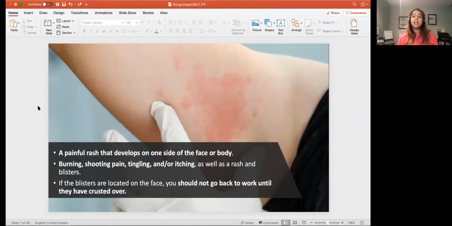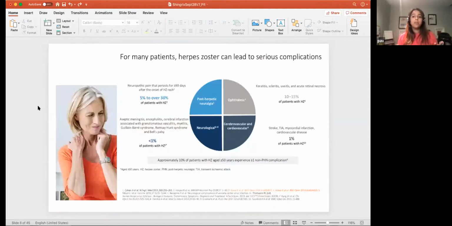And it's something that not only can be horrendously painful in and of itself, but can actually lead to a number of complications as well. So shingles can lead to one of the more commonly known complications, which is postherpetic neuralgia, often referred to as PHN. And we see that a number of people who end up having shingles suffer from this complication.